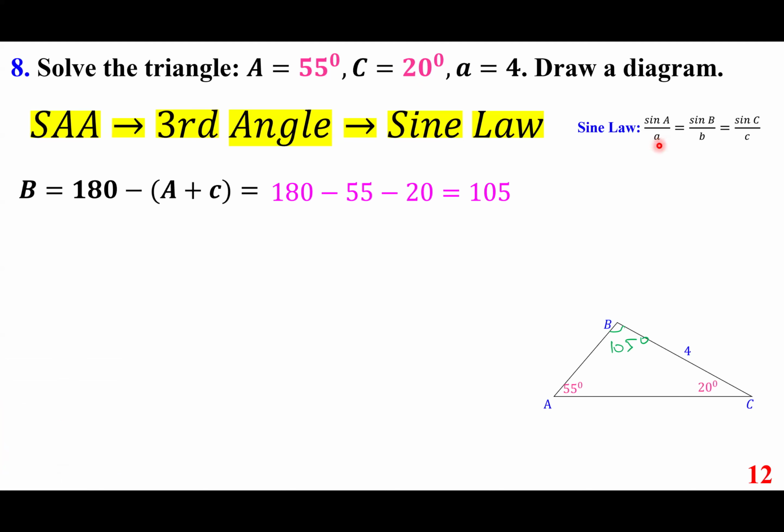Using the sine law, sine A over a equals sine B over b equals sine C over c. So sine of 55 over 4 is sine of 105 over b.